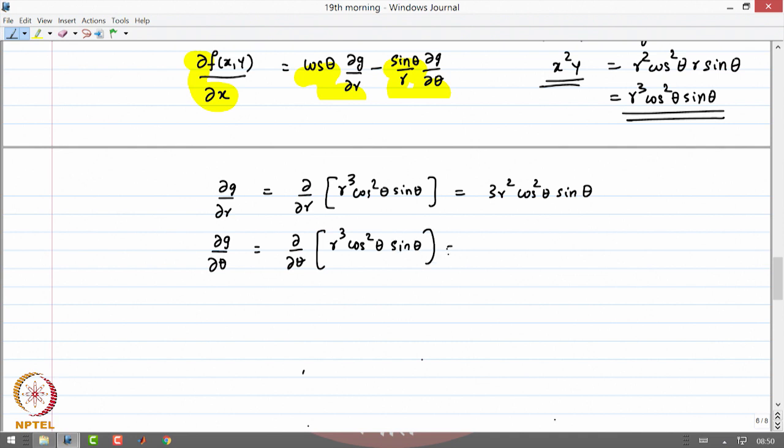So that is given as r³ into 2 cos θ sin θ, so this becomes sin²θ with a minus sign, and the other derivative is the derivative with respect to sin θ, which gives you r³ cos³θ.